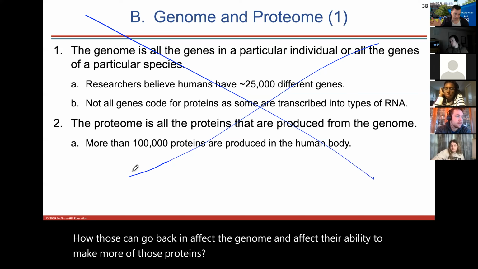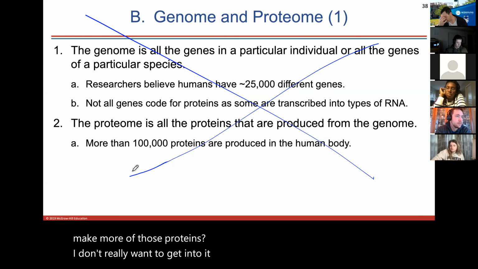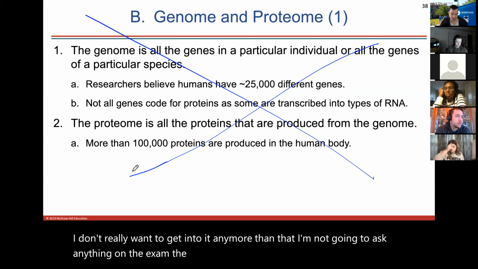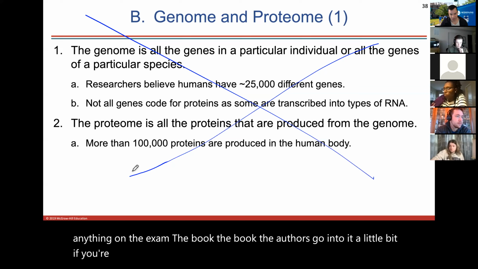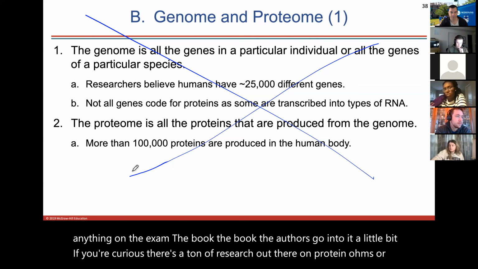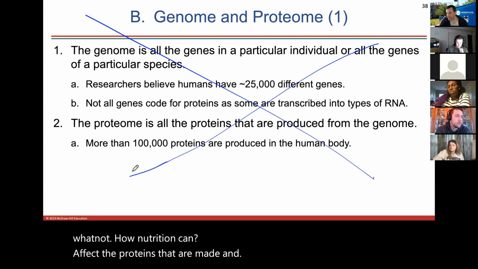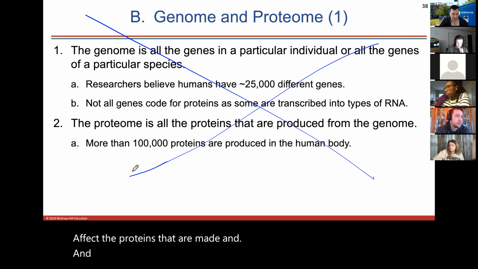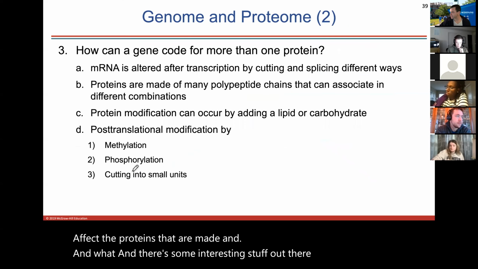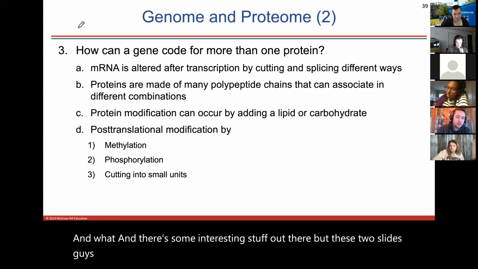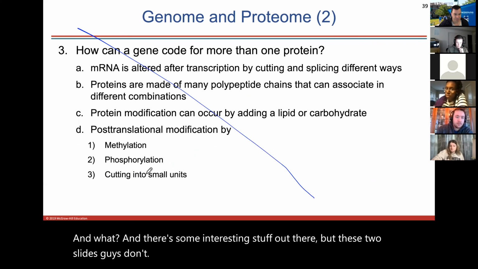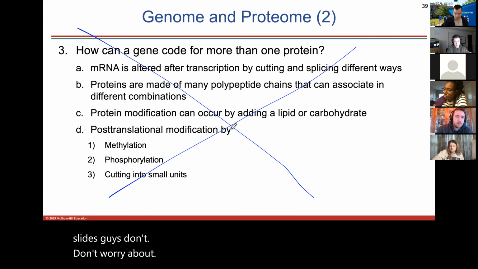I don't really want to get into it any more than that. I'm not going to ask anything on the exam. The authors go into it a little bit. If you're curious, there's a ton of research out there on proteomes, and how nutrition can affect the proteins that are made. There's some interesting stuff out there, but these two slides, guys, don't worry about it.